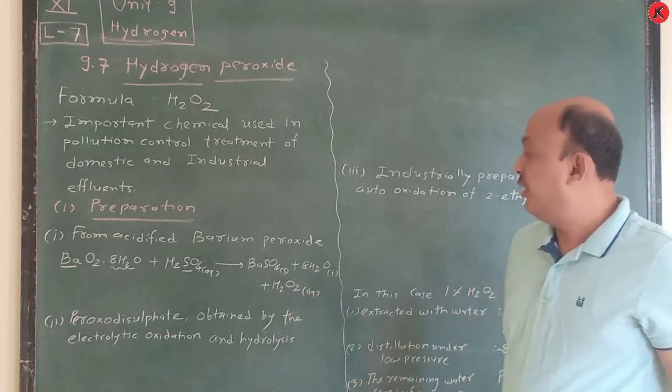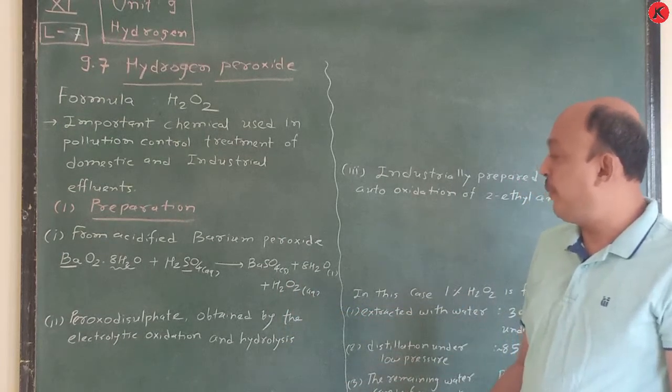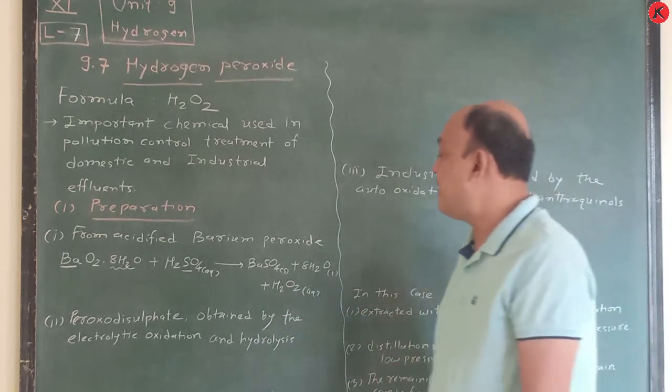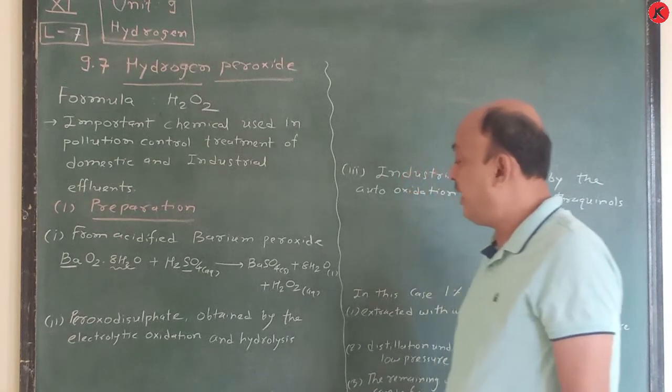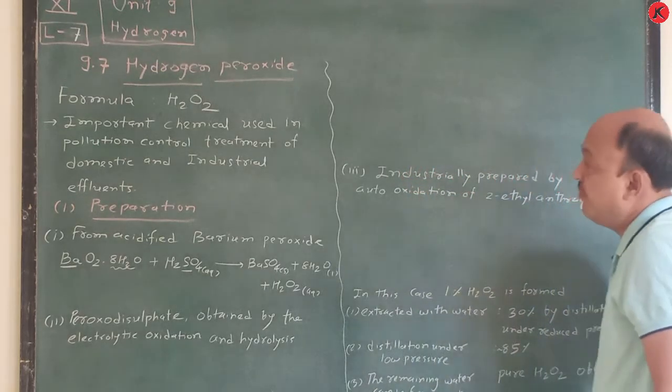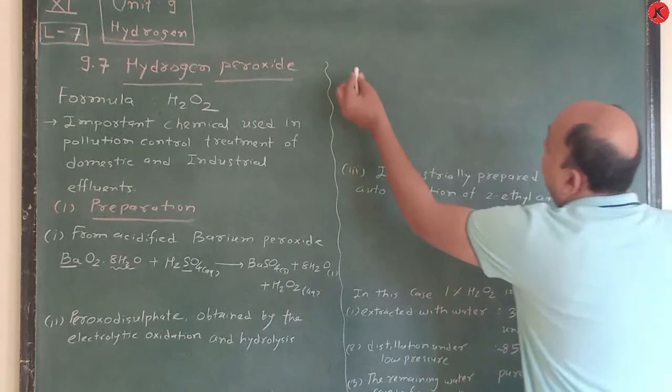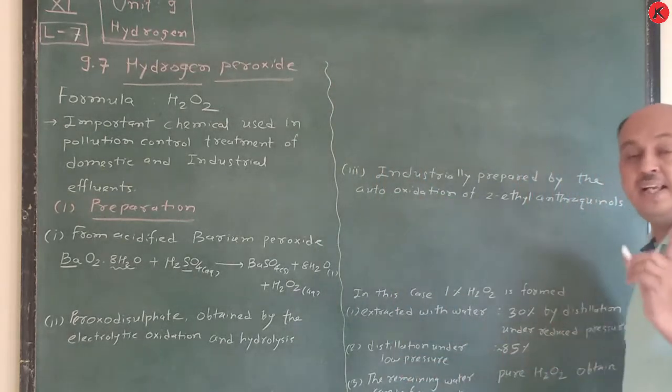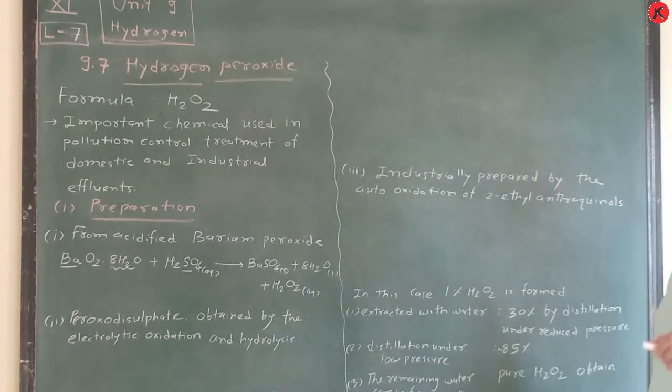Now the next preparation is very important: peroxodisulfate obtained by electrolytic oxidation and hydrolysis. In your NCERT textbook it is written that H2SO4 is converted into 2H+ and HSO4-.